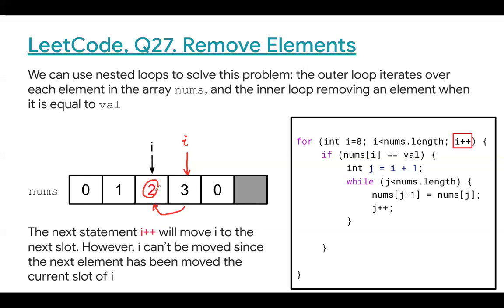So now it becomes the current element that we need to check. So if we run i++, then the pointer i will be moved to the next slot, and then this element will be skipped, which of course is not right.